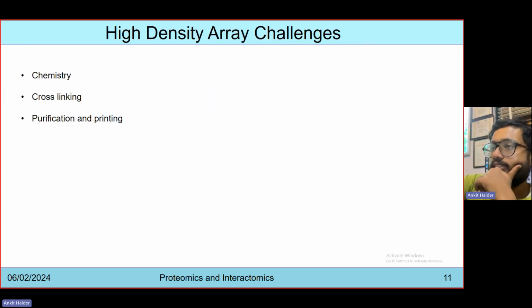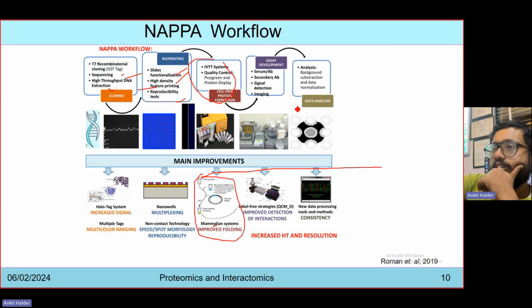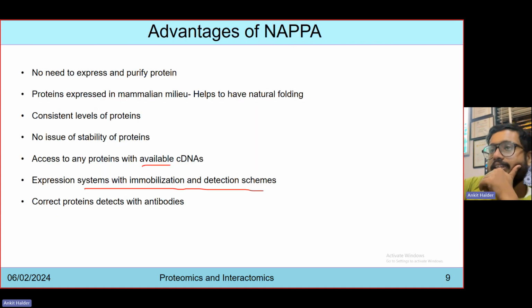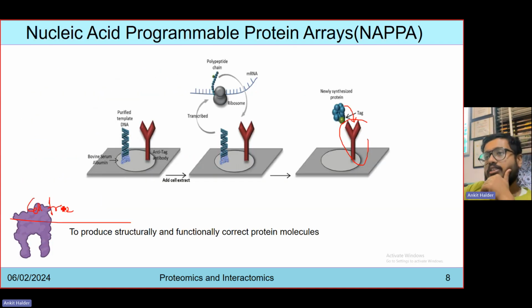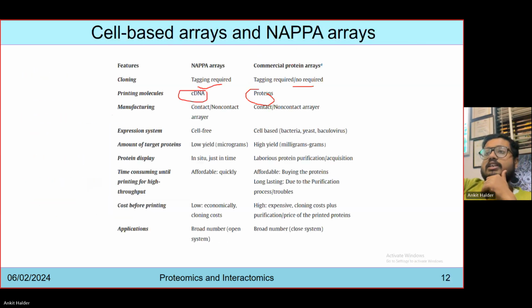If I show you the workflow again, you have the cDNA template, and then the His-tag proteins are newly synthesized by translation and get attached. So the printing molecule is cDNA. Manufacturing is a different area.